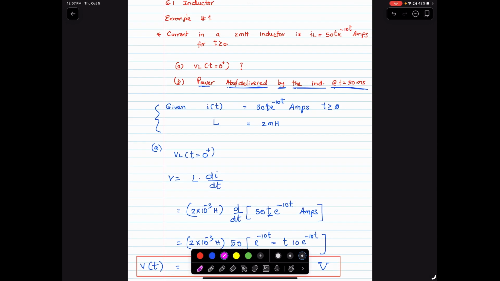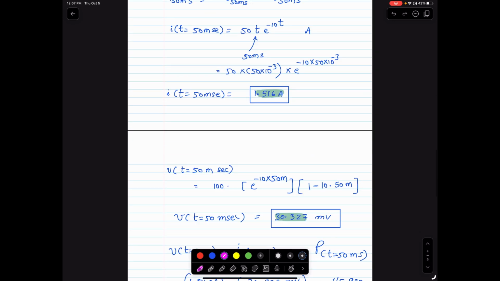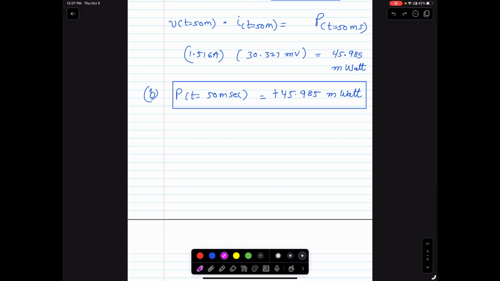It says power absorbed or delivered. But we know from our previous chapters that because this is a positive power value, it is power absorbed. Therefore, the power absorbed by the inductor is 45.985 milliwatt at t equals 50 milliseconds.